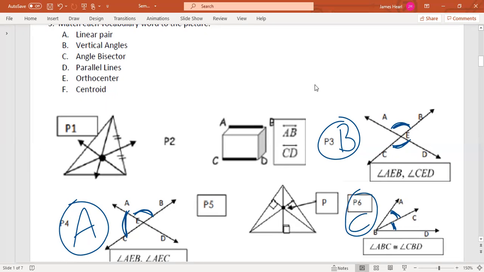D is parallel lines. Well, there's only one picture left out of the pile that looks parallel, so clearly it has to be 2. And then E and F are your triangle centers. One's the orthocenter, one's the centroid. You can define either one, but we'll just take them in order here. Orthocenter is built out of the altitudes, so it has to be all the ones that are a right angle, like this picture.